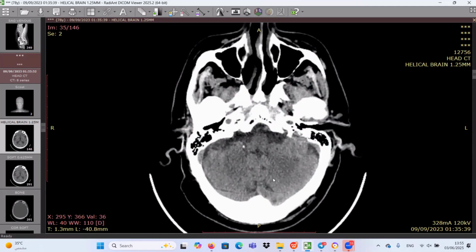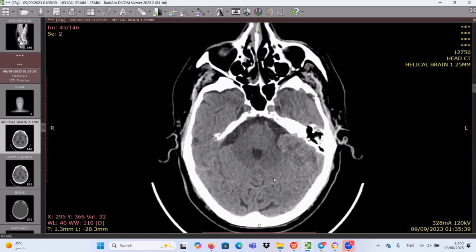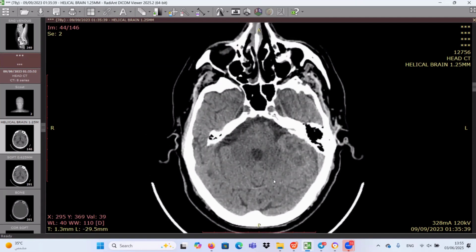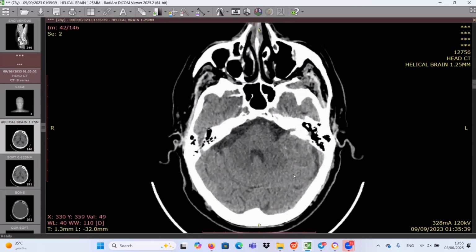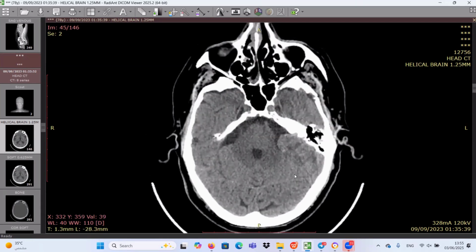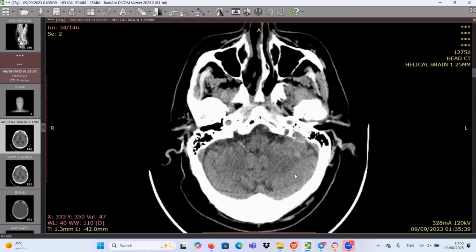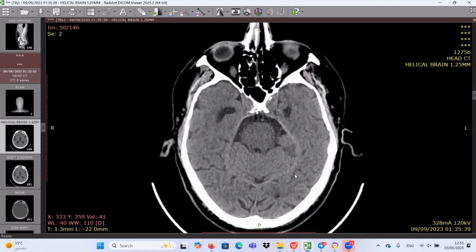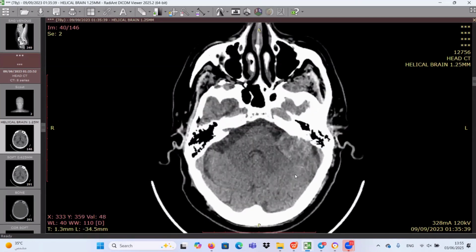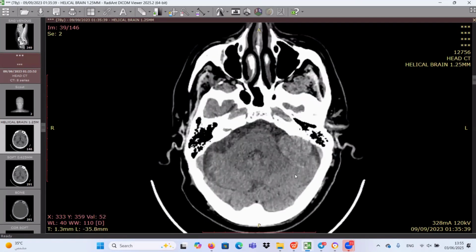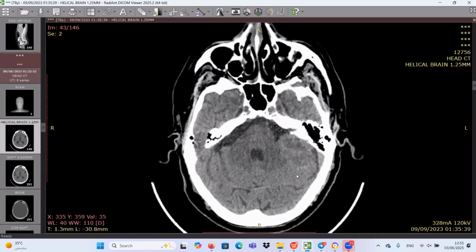I can appreciate at the left CP angle a heterogeneous appearing mass causing mass effect onto the left pons. Also, it seems to be going into the left IAM, I suppose. In my usual practice, I will. Do you think it's extending into the internal auditory canal?